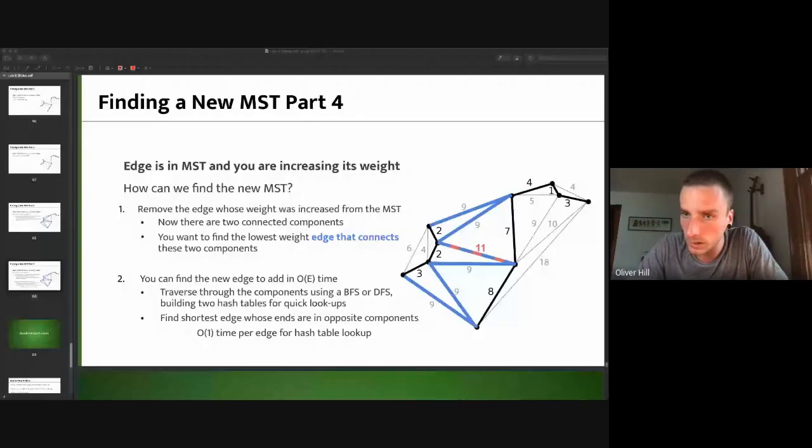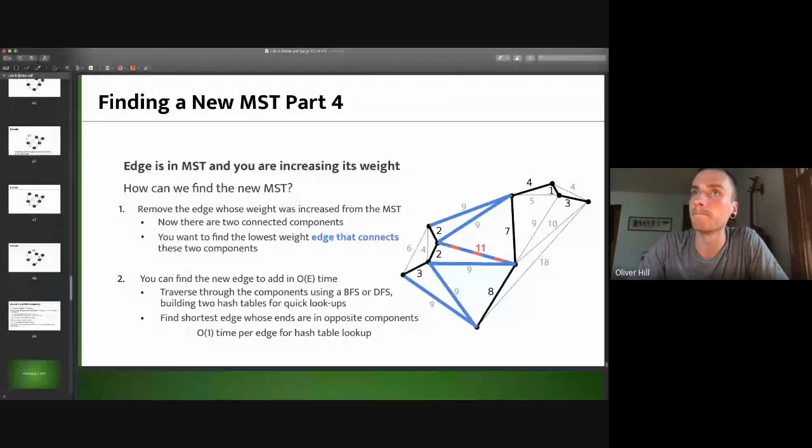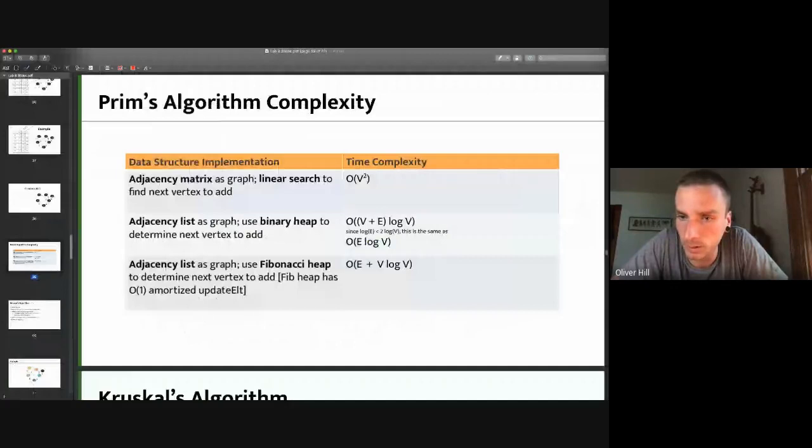Okay, so someone asked, can we talk about Prim's algorithm complexity again? Yes, definitely. Let's go to Prim's algorithm. This slide, I'm assuming you're talking about, Eleanor?